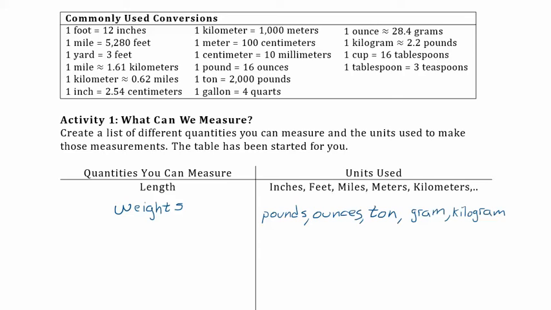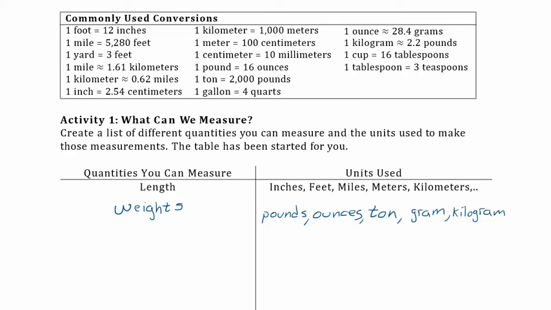All right, what else do we have here? Well, we have gallons, quarts, tablespoons, teaspoons, cups. Those all kind of go together. Those are basically measuring volume, or liquid volume, usually liquid volume when you're talking about quarts and gallons, but you know, you could have a gallon of sand, I suppose.